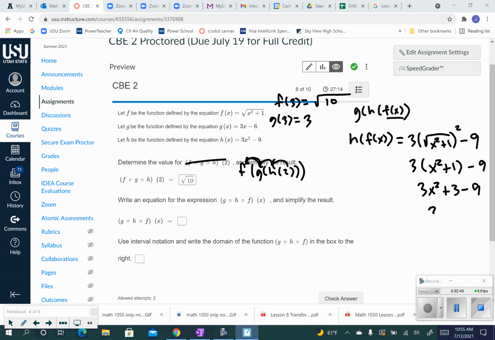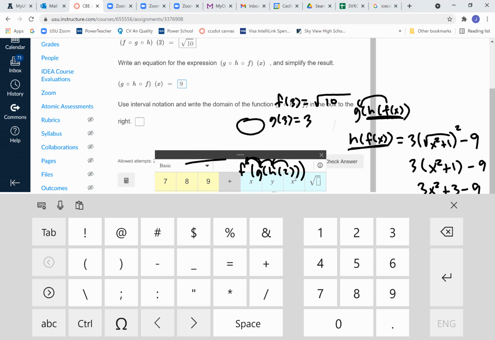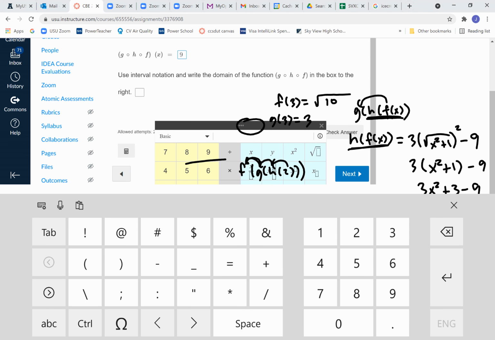Distribute the 3 through, that'd be 9x squared minus 18, minus 6. Combine those together, so 9x squared minus 24. Let's put that in here. So 9x squared minus 24.